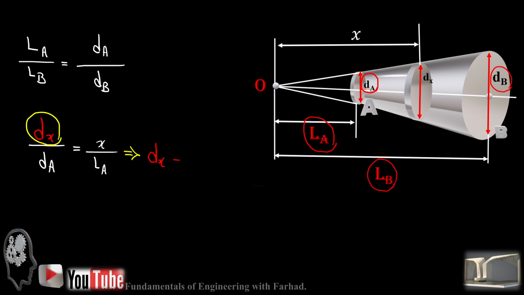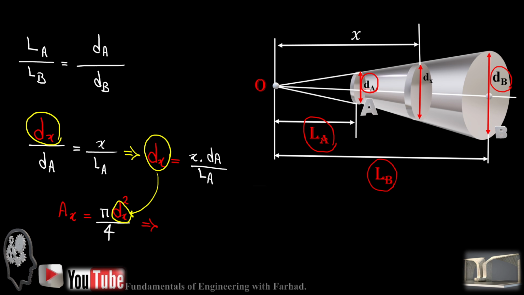Then the same story applies for dx. dx over dA is x, which is the location of our differential element from the origin, and dx is equal to x dA over LA. And also, if you want to have the area, you can just simply plug the dx into the area equation.